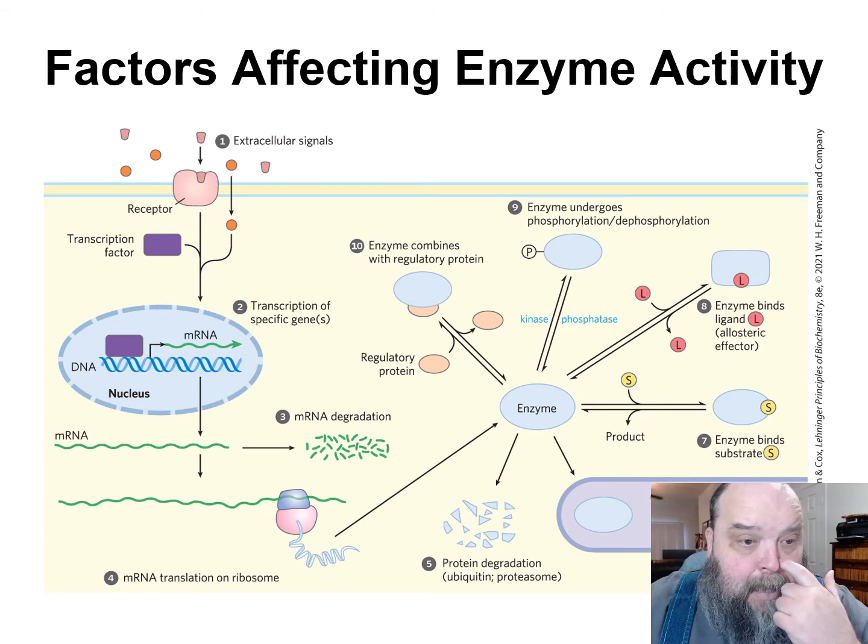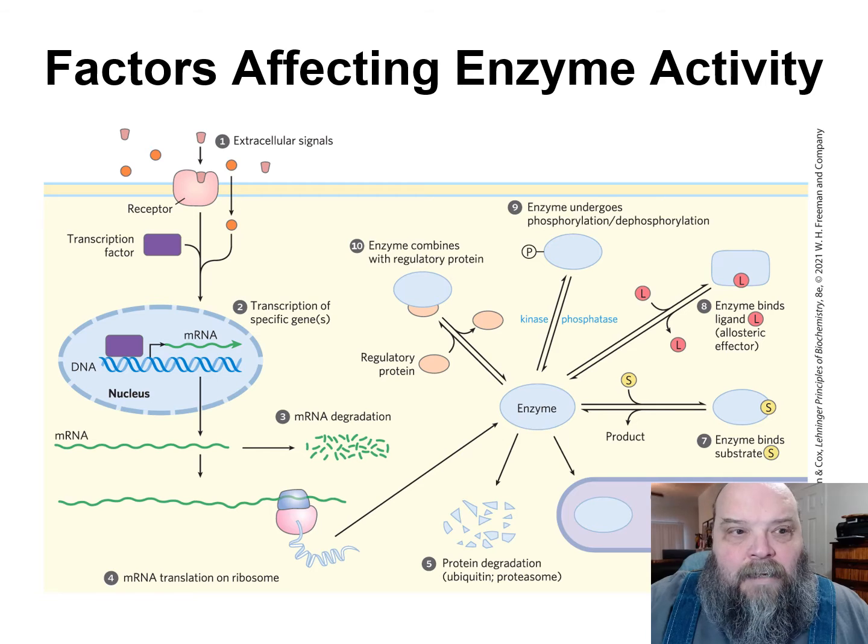I mean, when you look at enzyme activity, and this is what we're going to see a lot of, when you see what's controlling the cell, some form of extracellular signal hits a receptor. The receptor kicks off a series of reactions.